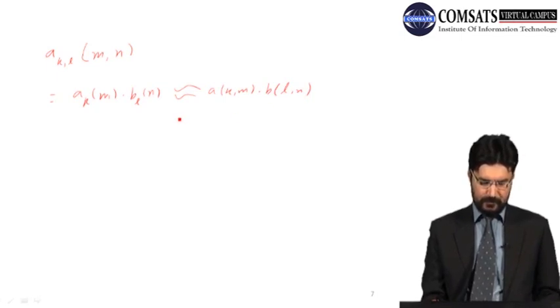Now to see these two sets A_KM and B_LN, they are one-dimensional complete orthogonal sets of basis vectors.